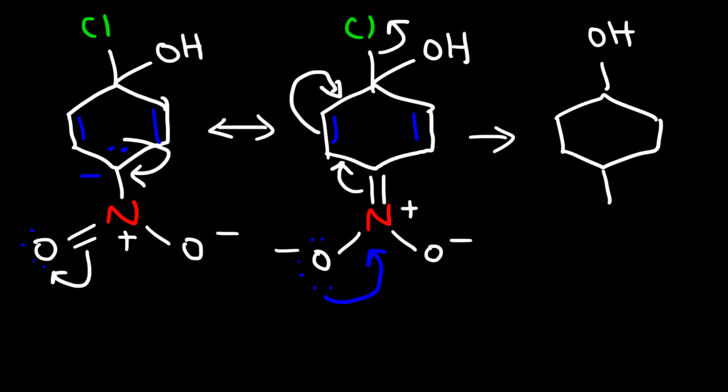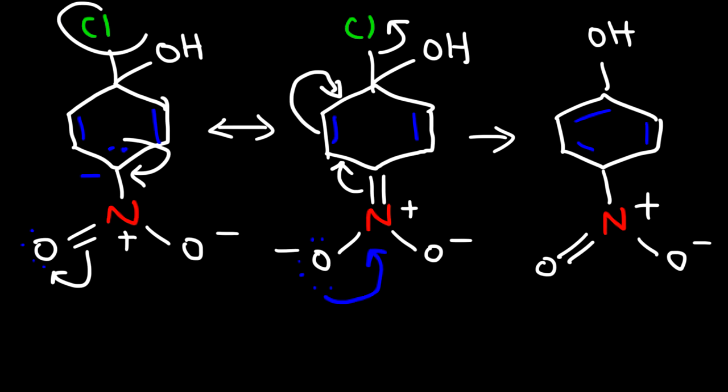So now we have an OH group instead of the chlorine group. And so that is the mechanism for the nucleophilic aromatic substitution reaction. So the net result is that we replace a leaving group with a nucleophile.